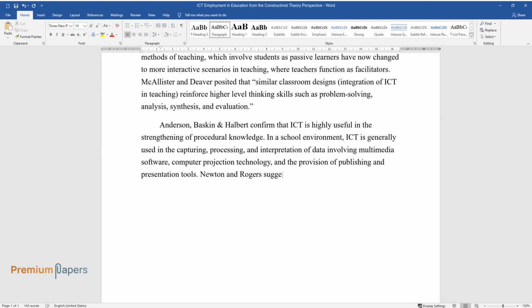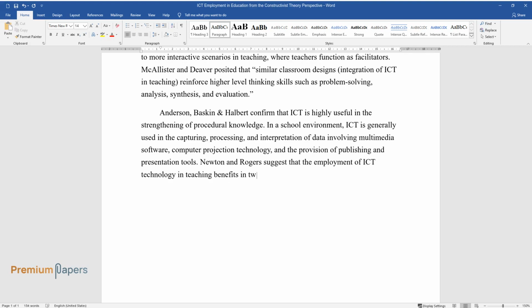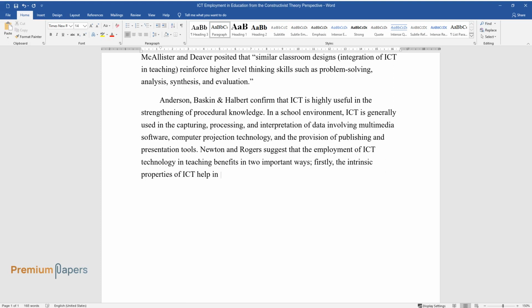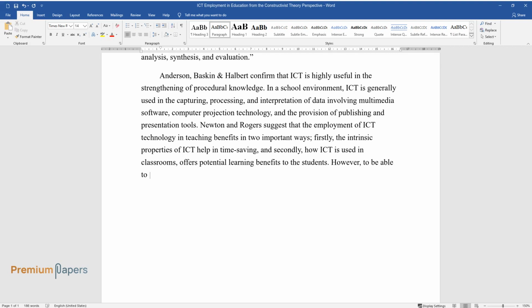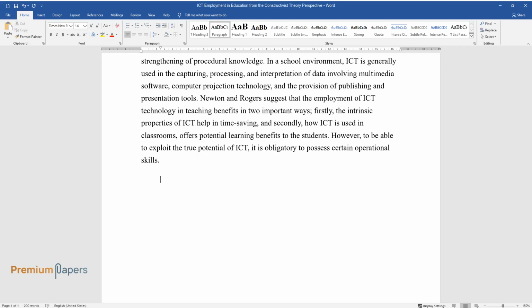Newton and Rogers suggest that the employment of ICT technology in teaching benefits in two important ways. Firstly, the intrinsic properties of ICT help in time saving, and secondly, how ICT is used in classrooms offers potential learning benefits to the students. However, to be able to exploit the true potential of ICT, it is obligatory to possess certain operational skills.